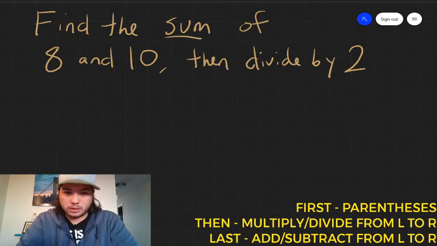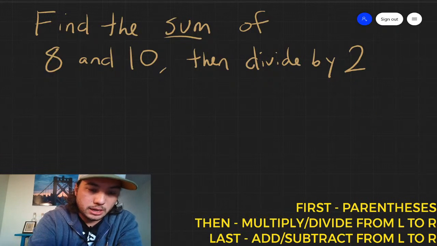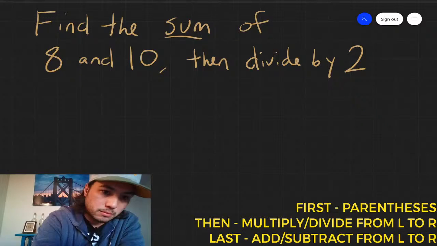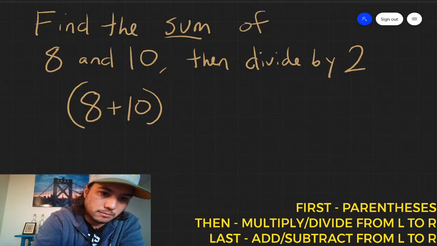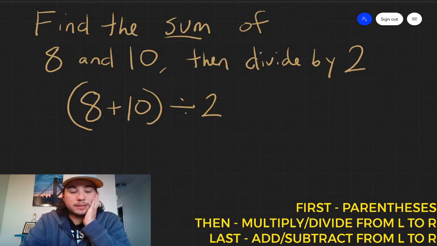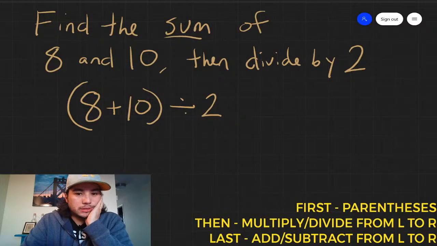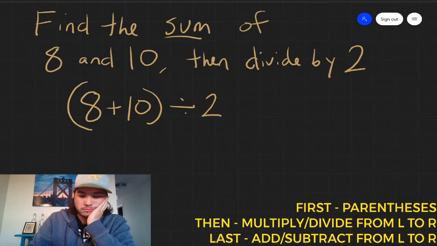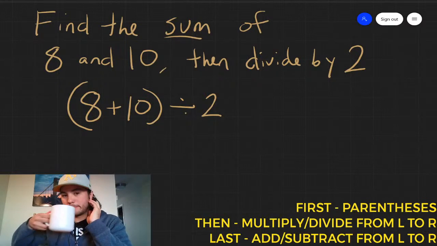Yep, and Eve has got the parentheses there. (8 plus 10) divided by 2. It's taking a minute today. Now go ahead and simplify and solve. So start with what's inside the parentheses, then divide.